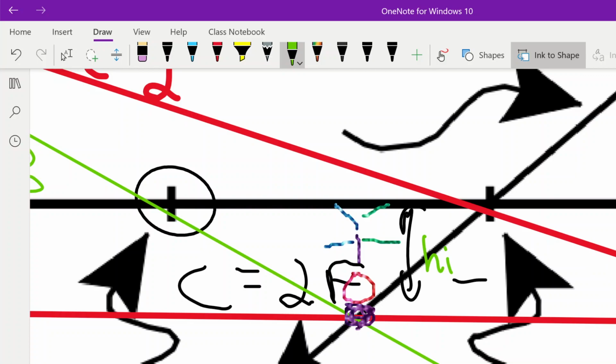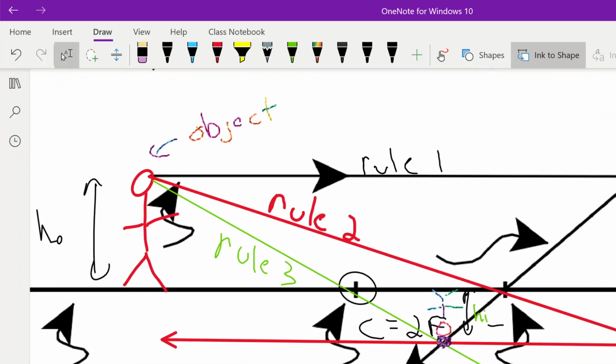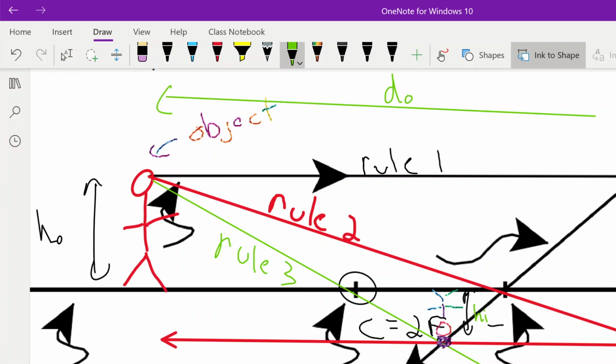The distance of the object to the mirror is do. The distance of the image to the mirror, the image is right there, so that distance is di.